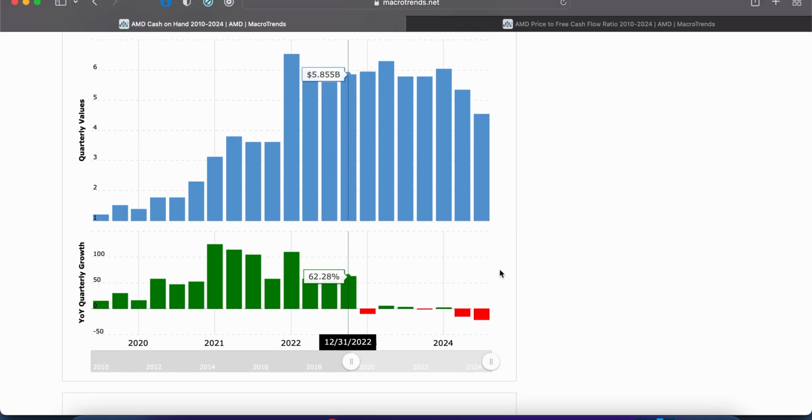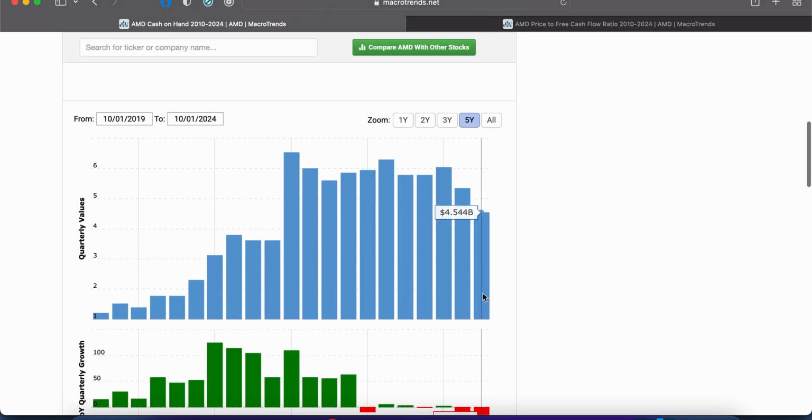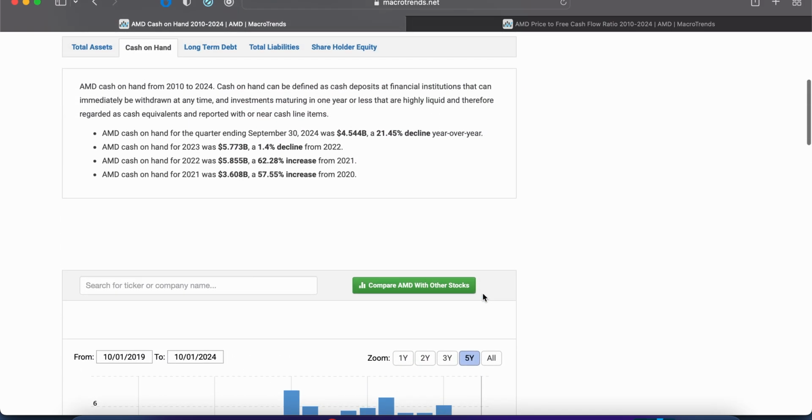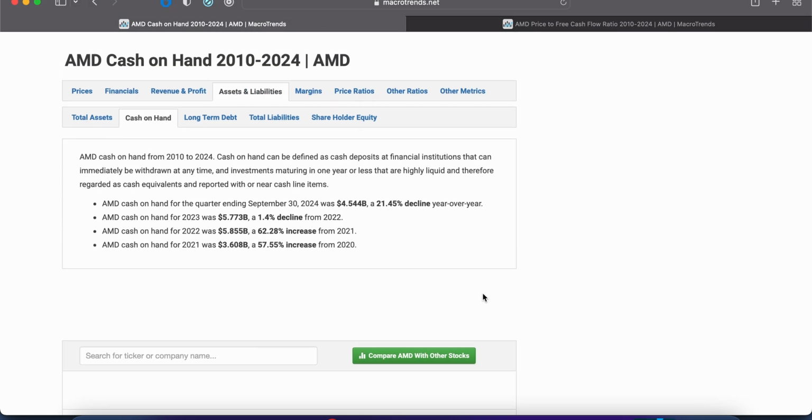And then you can see year over year quarterly growth, of course revenue is growing, but where is the cash going? Are they going all in and spending the cash, investing everything, but not pulling much and not putting much on the side considering how much debt they have?